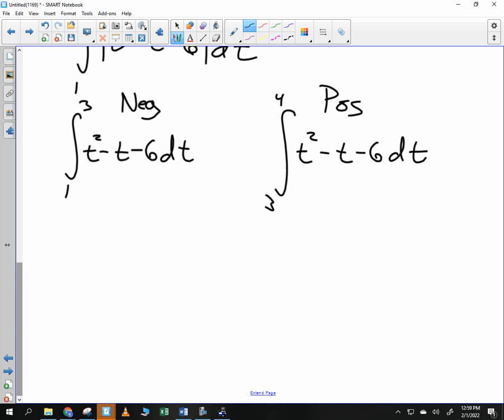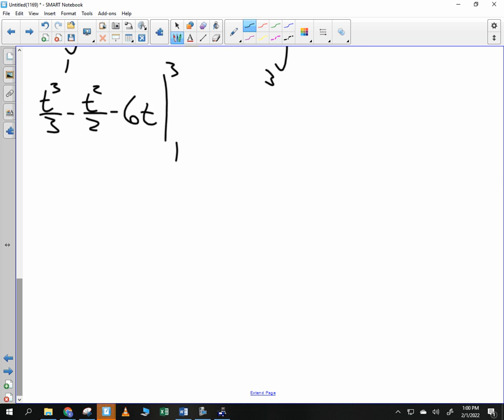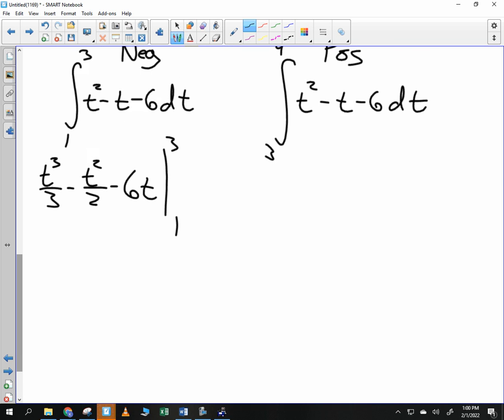We ready? Okay. Antiderivative, we've already determined it. It is t cubed over 3 minus t squared over 2 minus 6t, evaluated at 3 and 1. Three cubed divided by 3, 3 squared over 2 would be 9 halves, and 6 times 3 is 18.